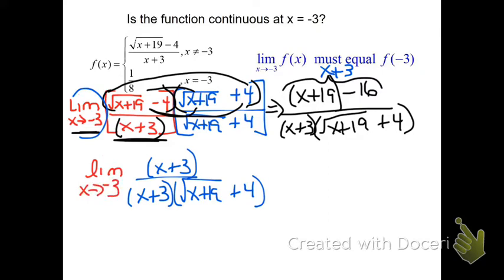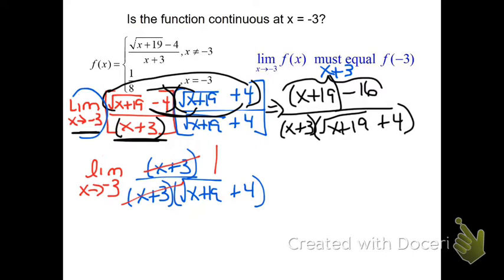Okay, so now I still can't plug in that -3 for the limit yet, but as soon as I cancel these, now there's nothing on the top, which means there's a 1 there. And now that the x plus 3 is gone, now I can plug in my -3.